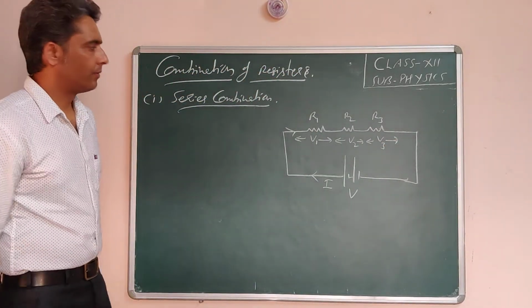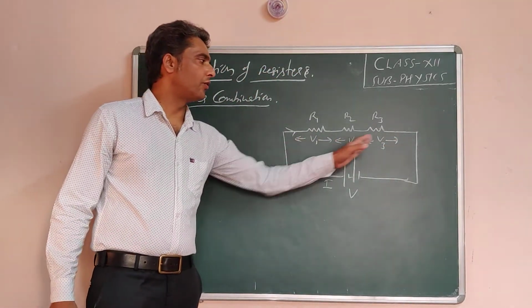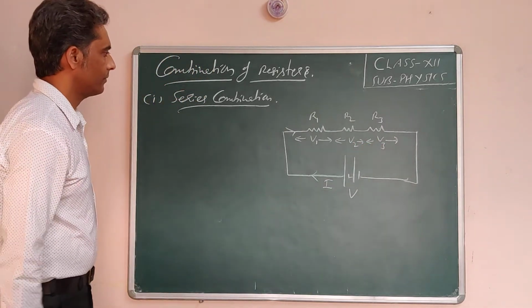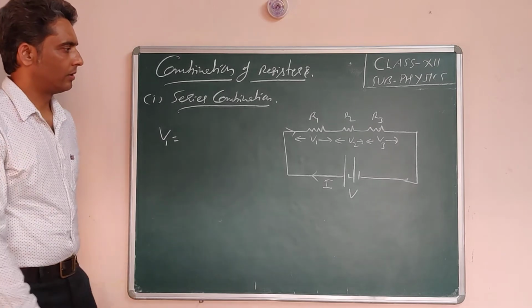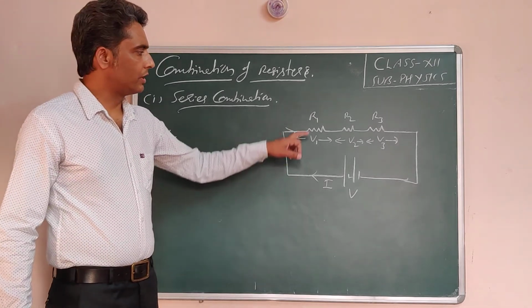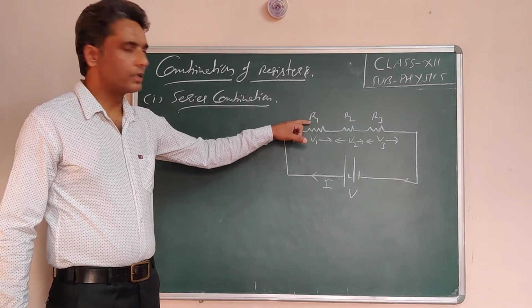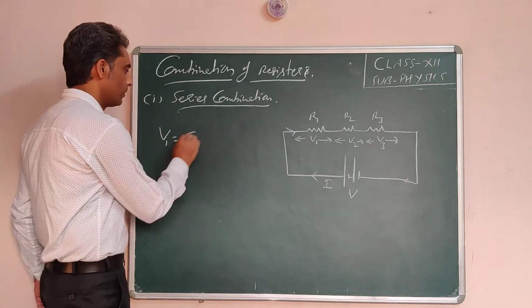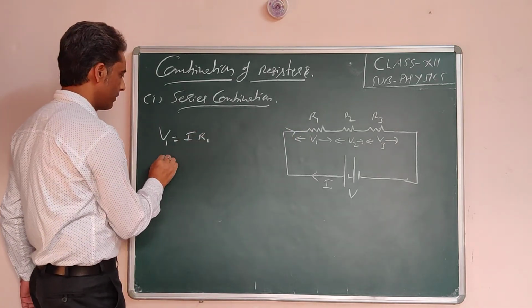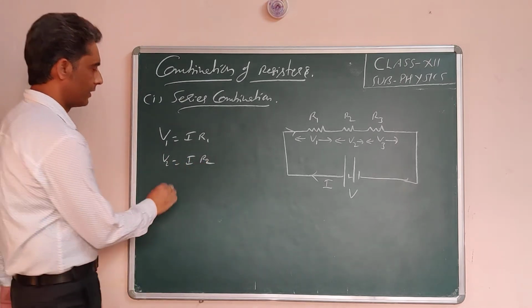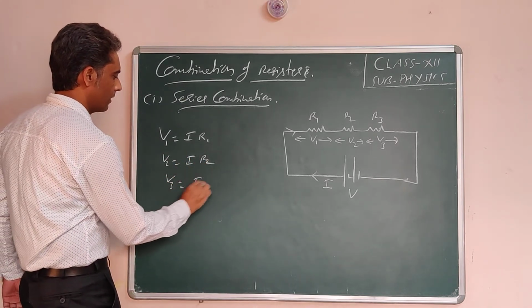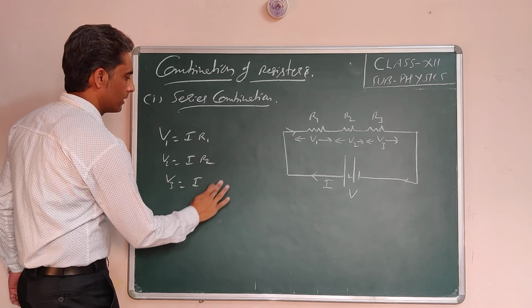So by Ohm's law, we can write the values of V1, V2 and V3. Current flowing through this resistor is I. Its resistance is R1, so V1 is equal to IR1, V2 is equal to IR2, and V3 is equal to IR3.